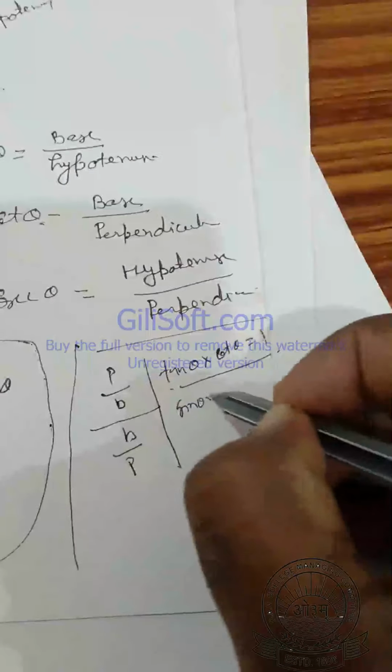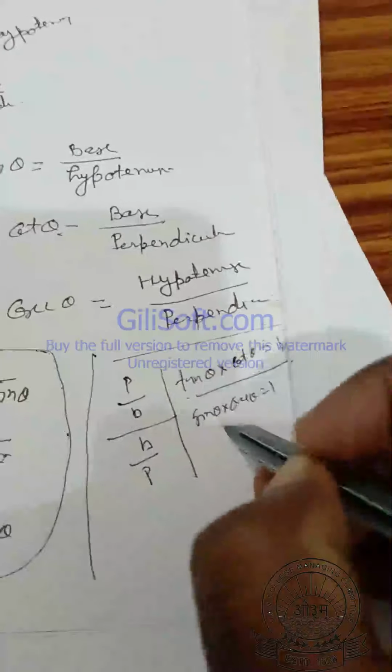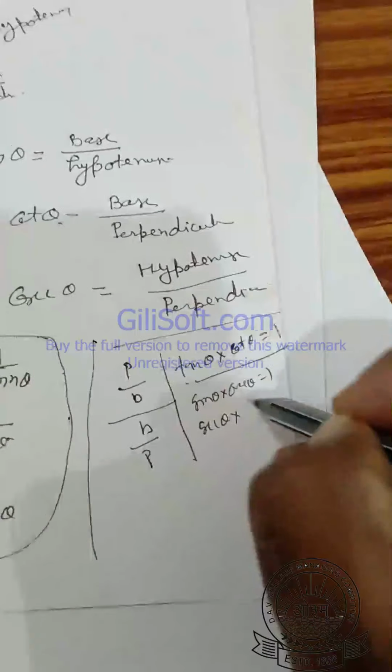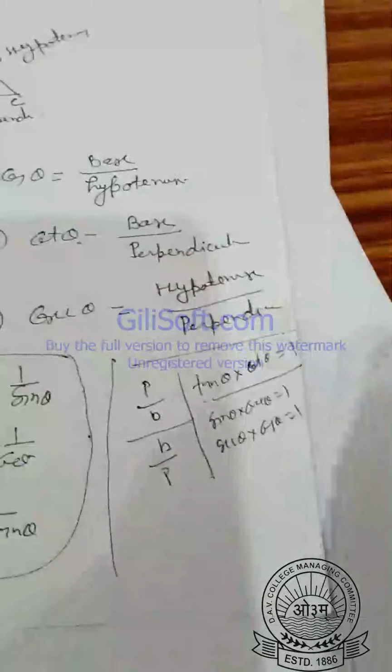Similarly, sin theta into cosec theta is equal to 1 and sec theta into cos theta is equal to 1.